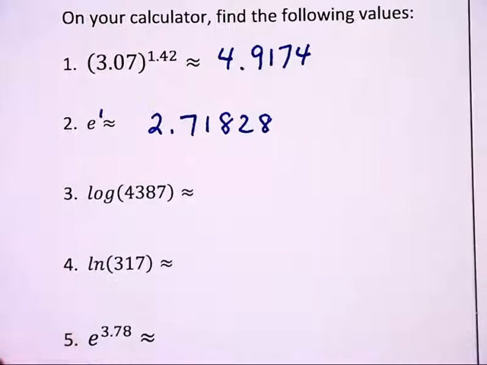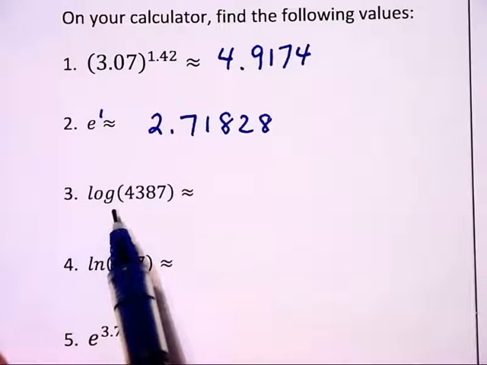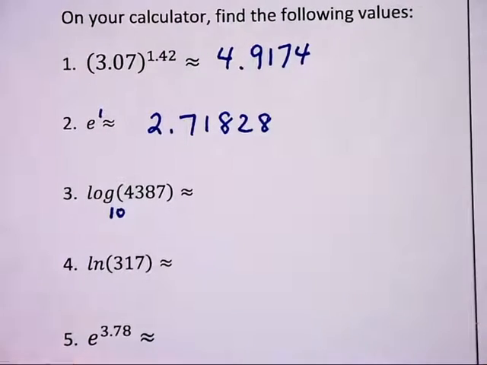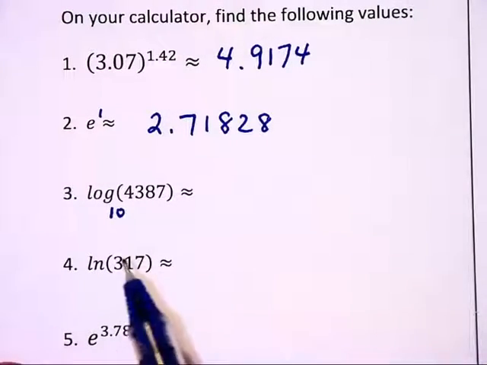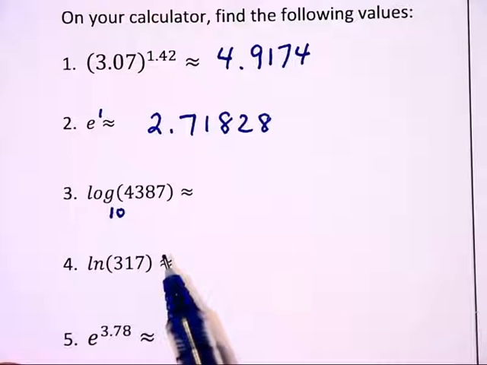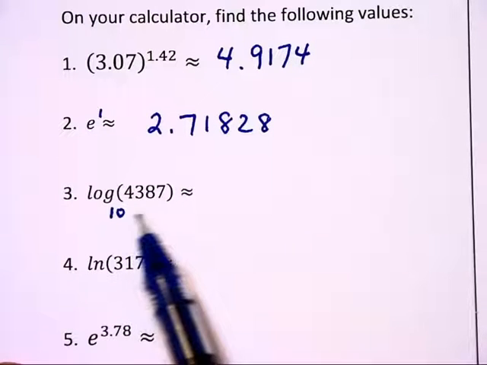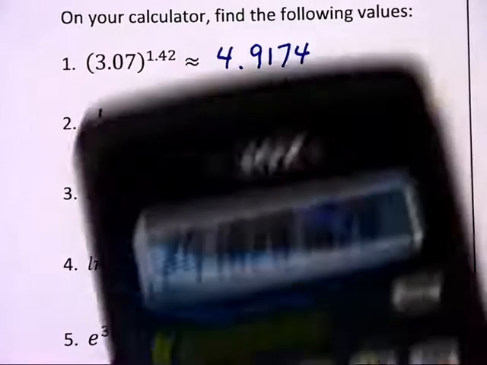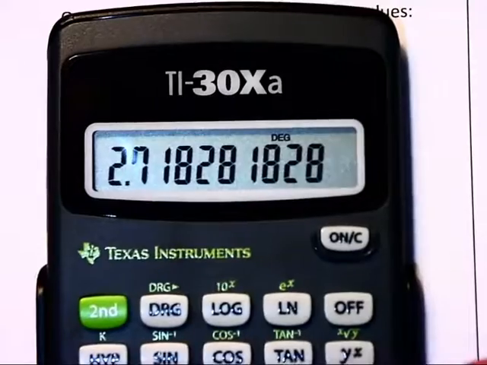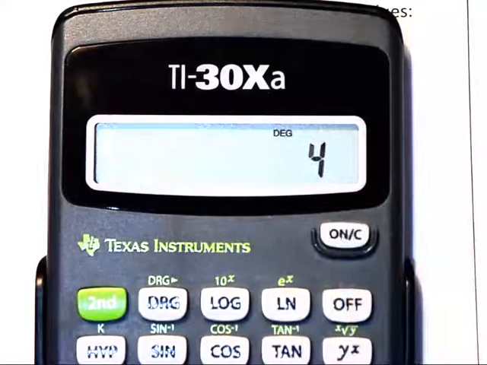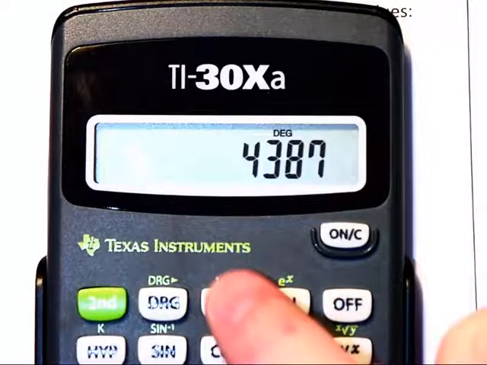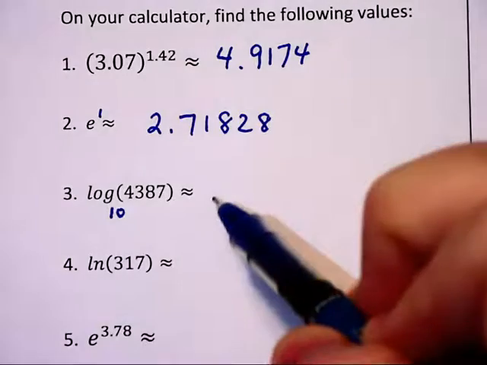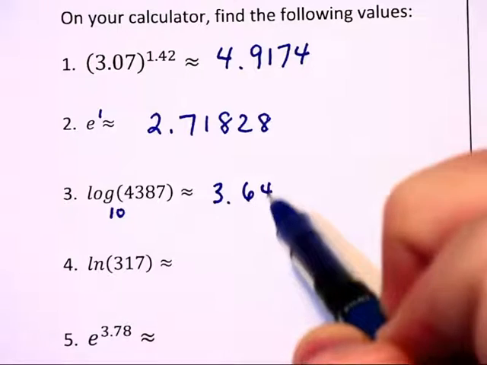Let's move to this next problem. Because no base is written, it is assumed to be base 10 using the common log. Some calculators, you're going to hit your log button, and if log shows up on the screen, then you'll type in 4387, close parentheses, and hit equals. On my calculator, I have to type the 4387 first, then hit my log button, and now I can get that value coming out, which is 3.6422.